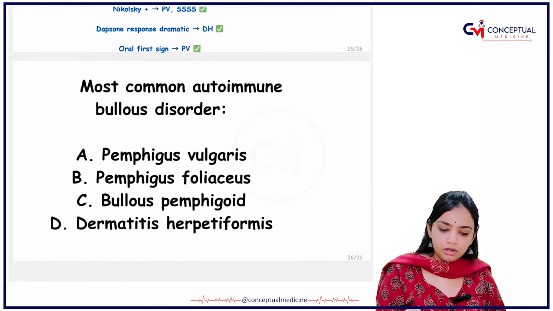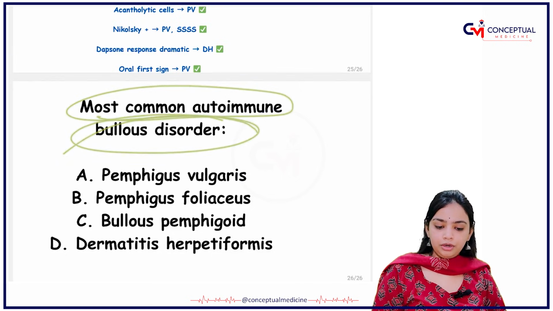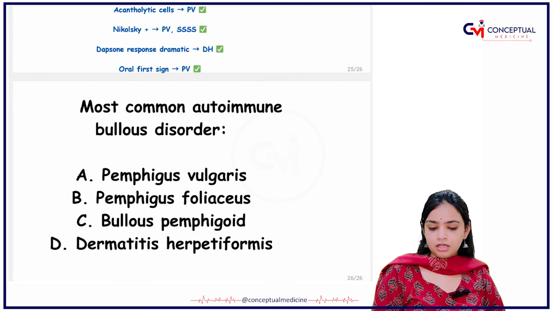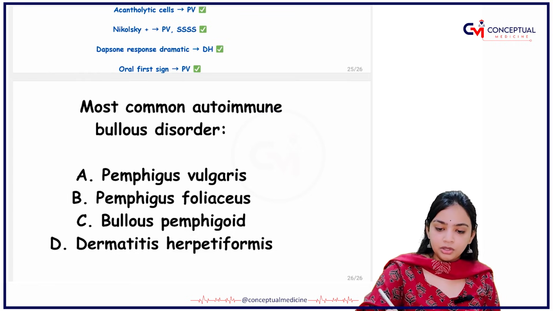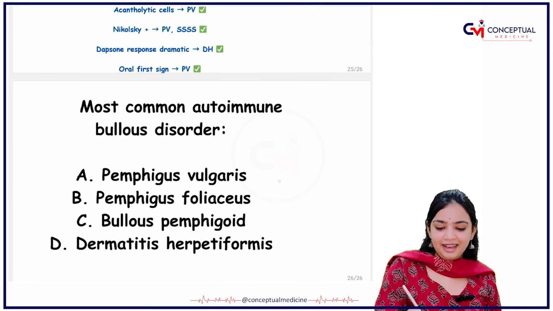Let's solve this question. Most common autoimmune bullous disorder: is it pemphigus vulgaris, pemphigus foliaceus, bullous pemphigoid, or dermatitis herpetiformis? So the answer to this, will you tell me the answer?